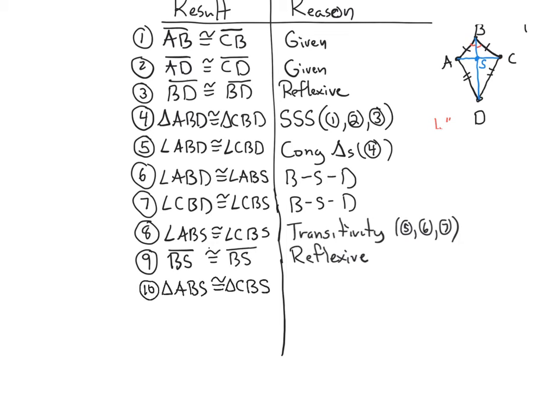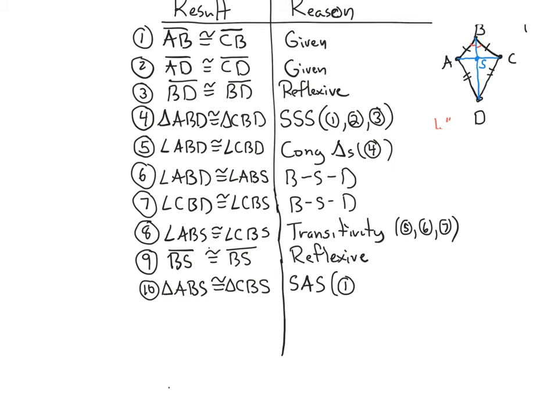And just a quick reminder, I'm being careful to make sure that the vertices I'm listing are in the corresponding order, else I'm using the notation incorrectly. And the reason I know this, we just talked about it, this was side, angle, side. And the axioms, the lines that I used to show that, well, the first side was 1, AB and CB are congruent.